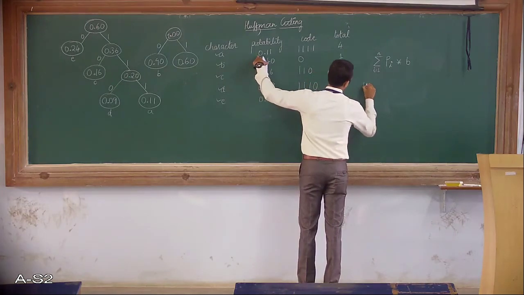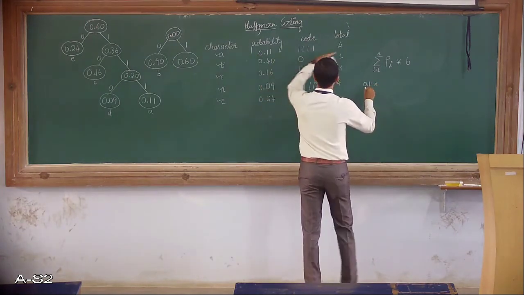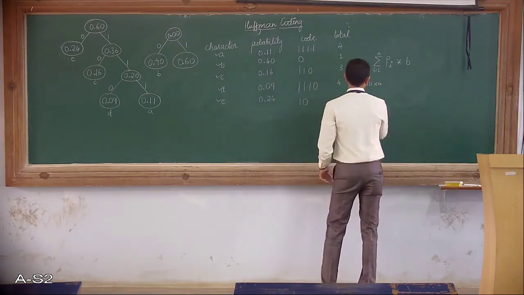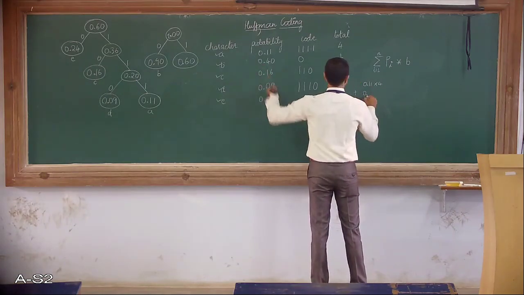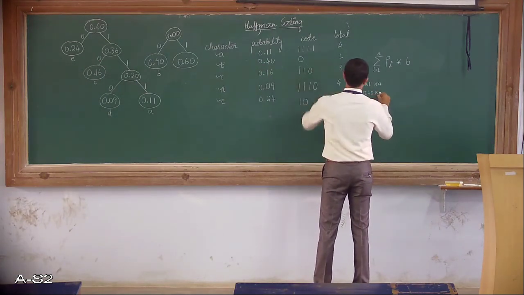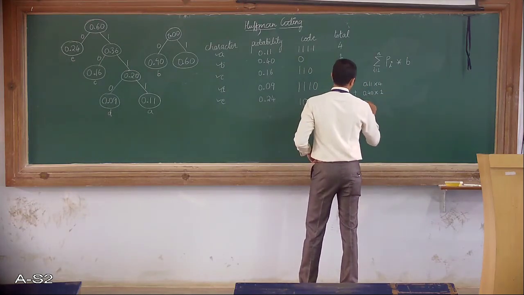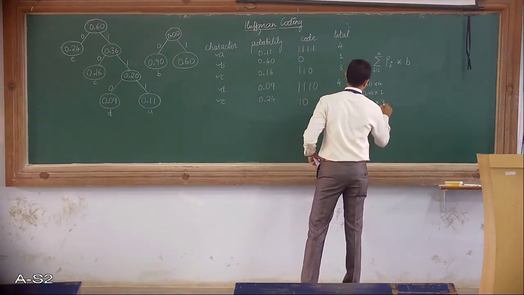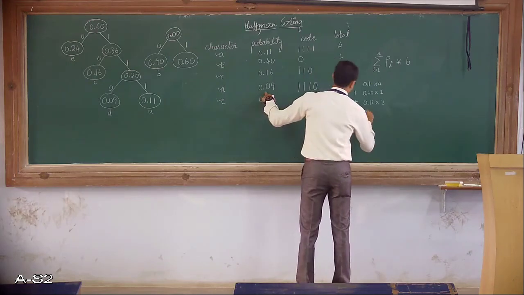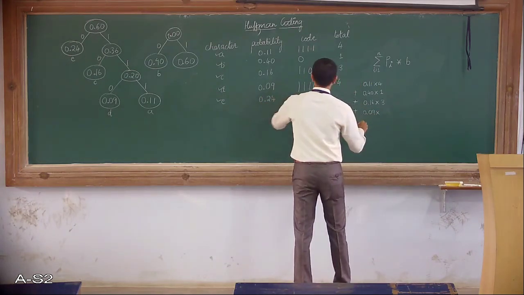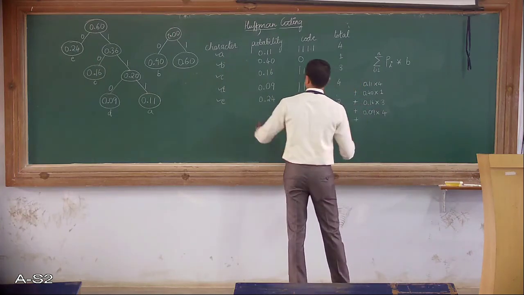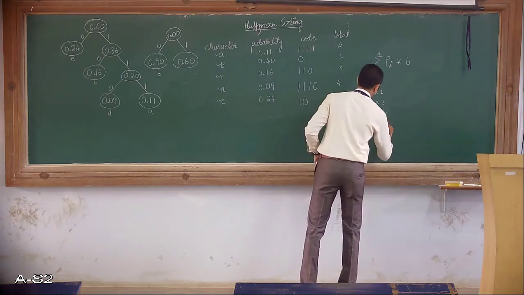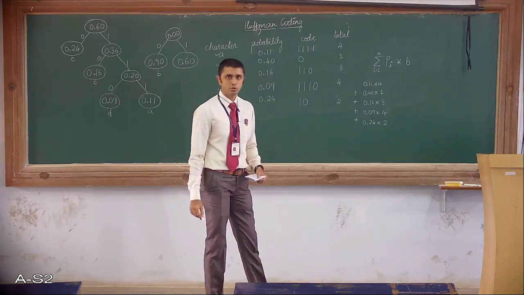So it's going to be like this. 0.11 multiplied by 4. This is for the character A. Then plus 0.40 multiplied by 1 plus 0.16 multiplied by 3 plus 0.09 multiplied by 4 plus 0.24 multiplied by 2.